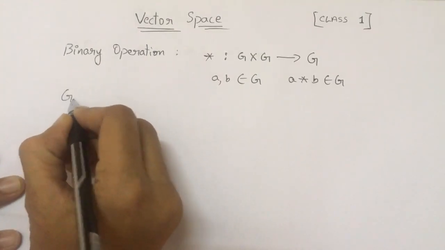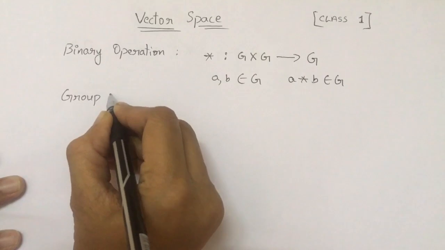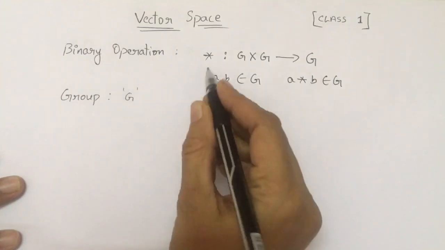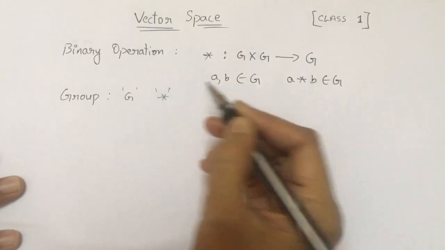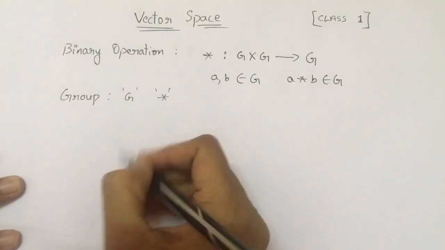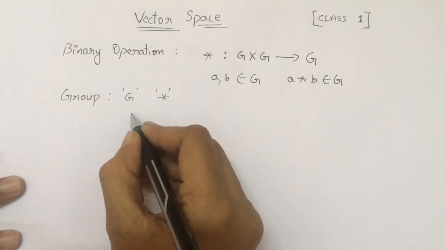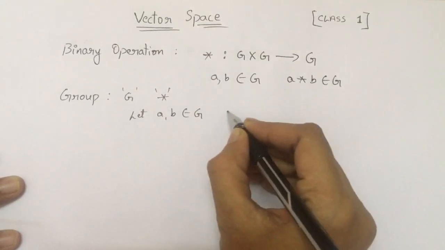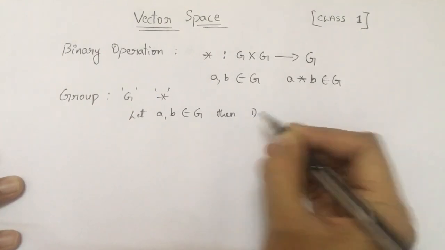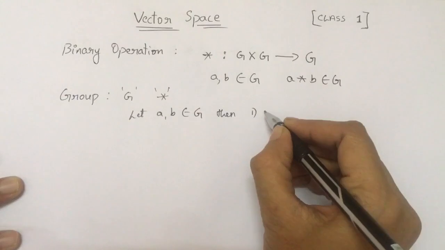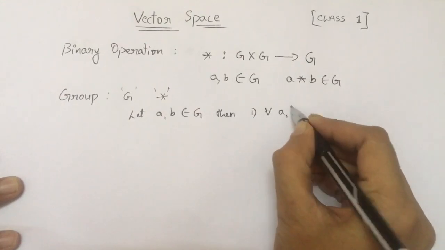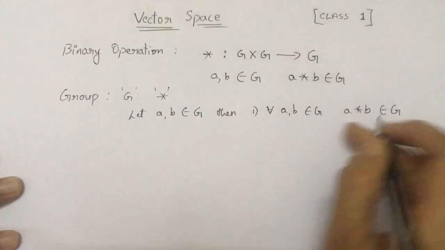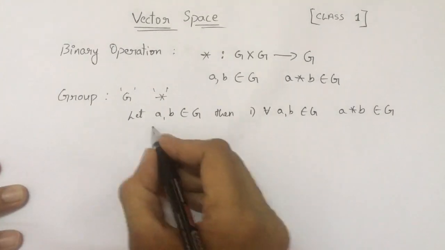Next is group. A non-empty set, say G, is said to be a group under some binary operation star, if it satisfies these four axioms. Let A comma B belong to G. Then the first axiom, or first property, is the closure property, that is, for all A comma B belongs to G, A star B is in G. If that is true, then the closure law is true.